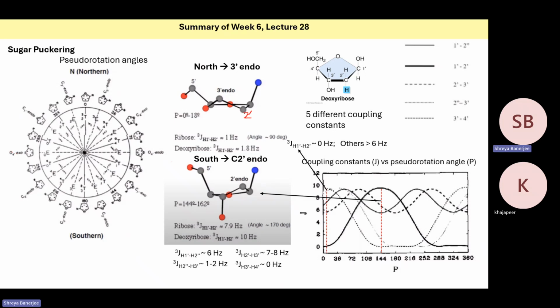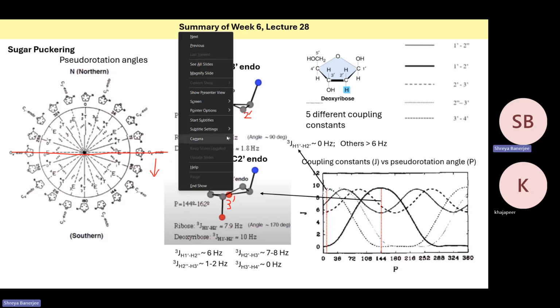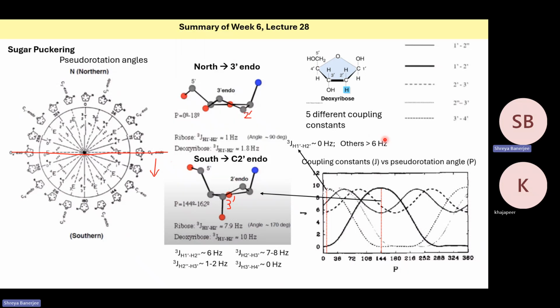Any orientations to the south of this line are referred to as south. In that, you have the 2 prime above, or endo, and the 3 prime below, or exo. This we had already discussed in the previous class. Now we will correlate this angle with the J coupling constant.